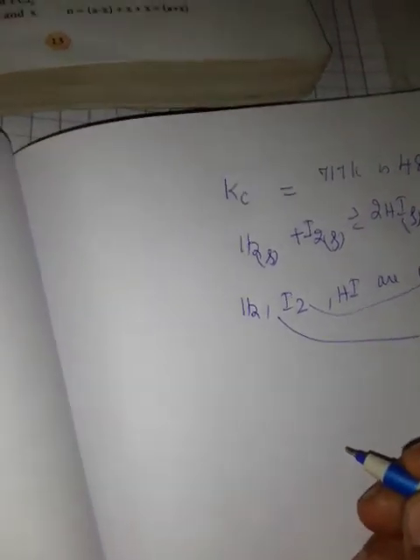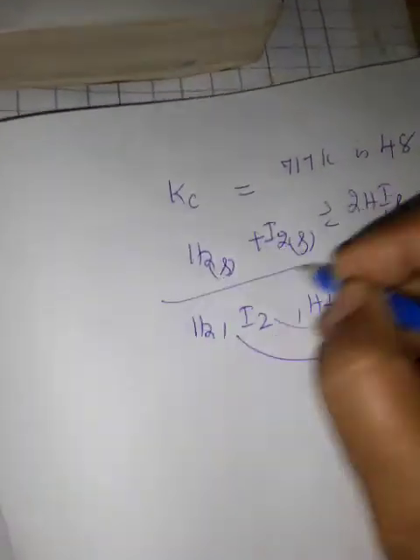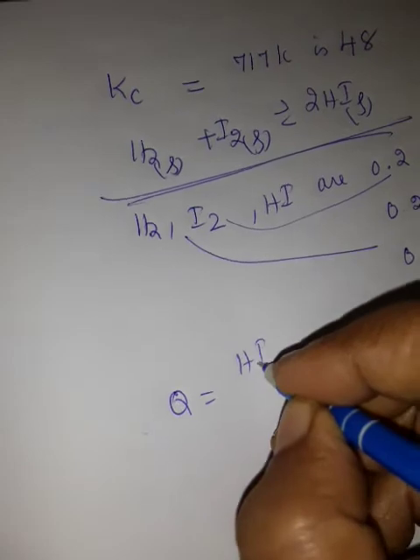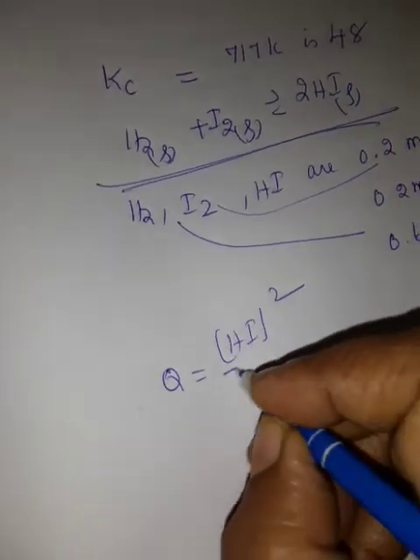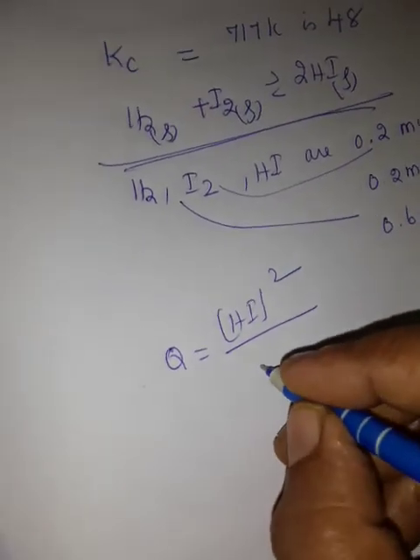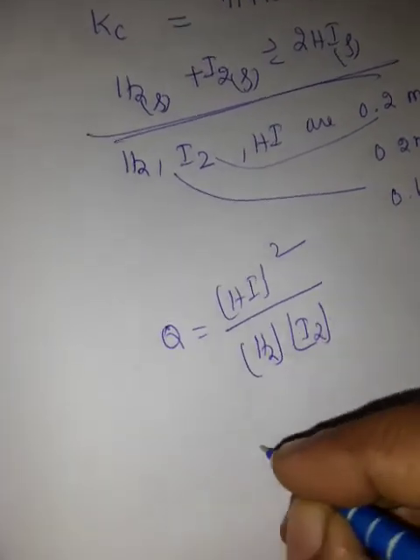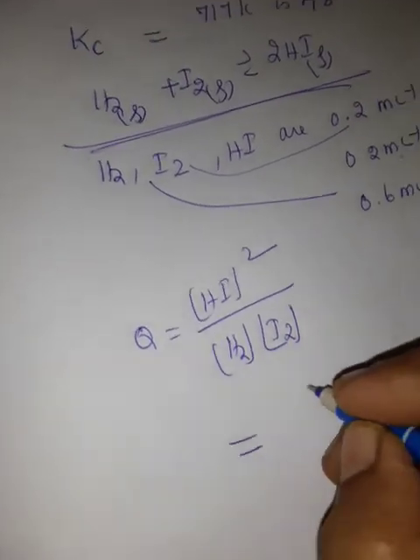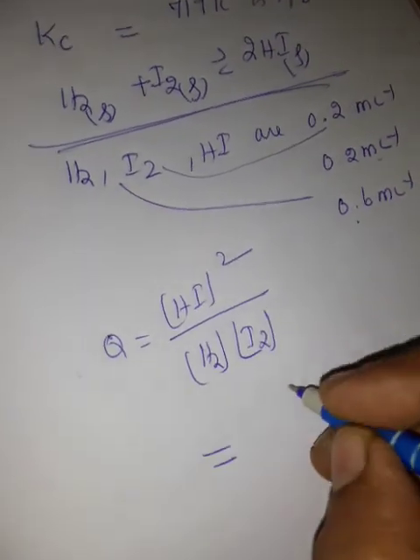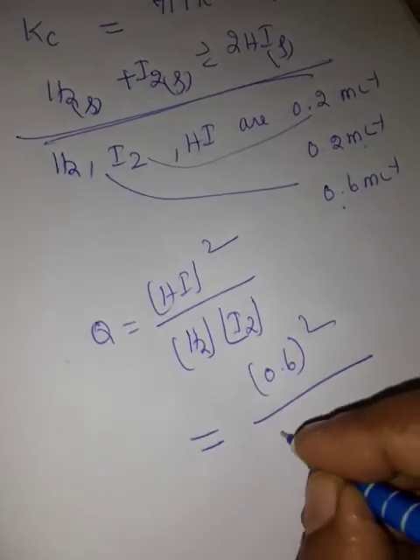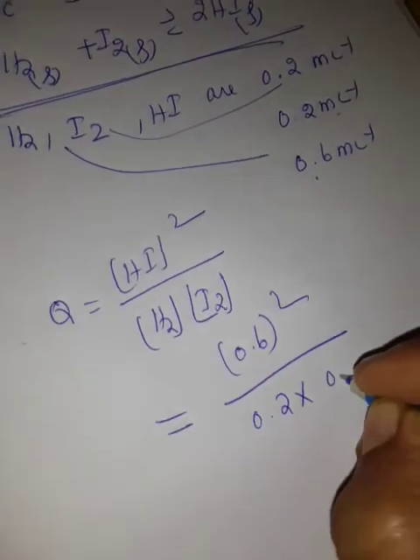How will you find the Q value? Q for this reaction is the HI concentration raised to the power of its stoichiometric coefficient 2, divided by the H2 concentration times the I2 concentration. Now substitute the values: HI means 0.6 squared, divided by H2 0.2 into I2 0.2.